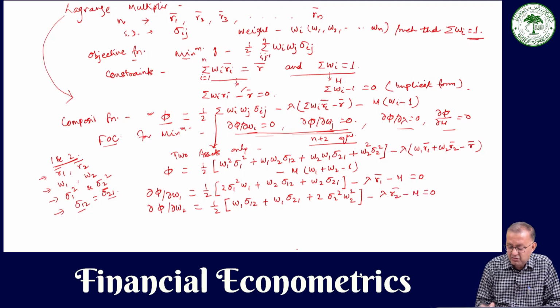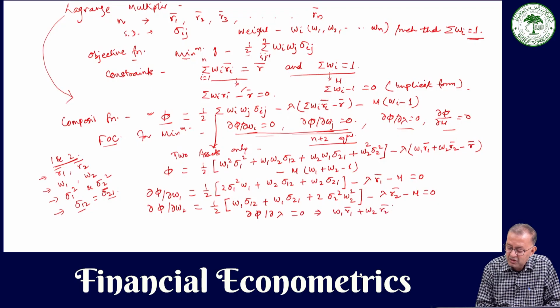And the two additional equations that we will be getting are in the form of delta phi upon delta lambda. If you put this equal to 0, this will give you W1 R1 bar plus W2 R2 bar equal to R bar, and delta phi upon delta mu equal to 0 will give you W1 plus W2 is equal to 1.